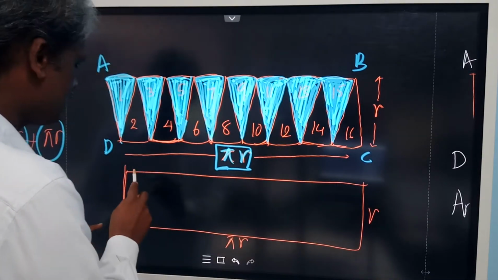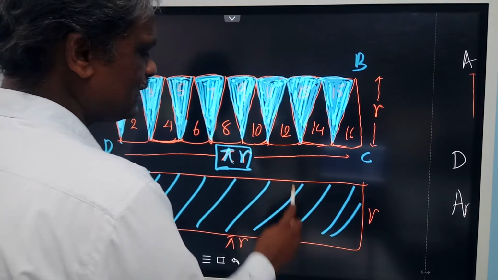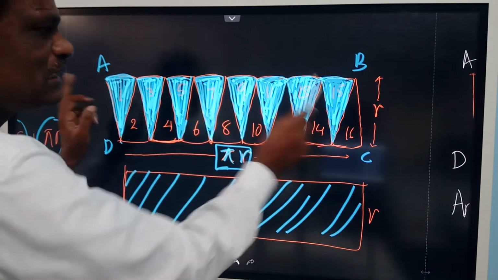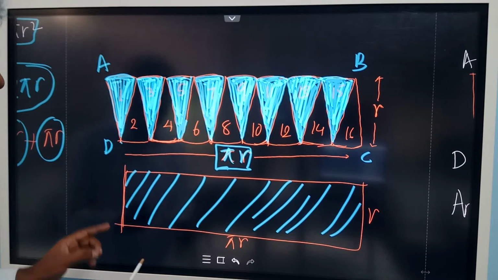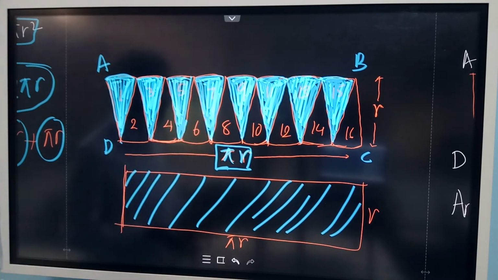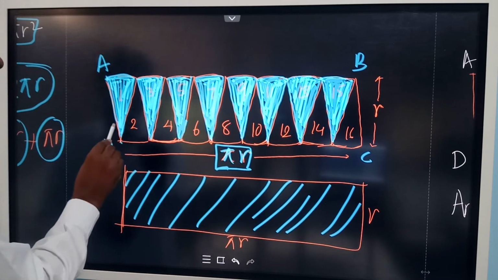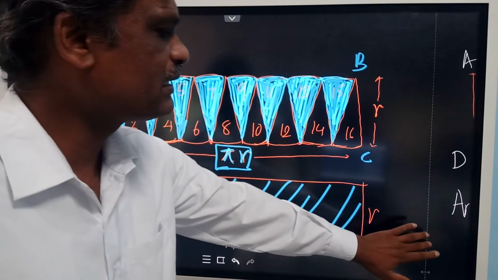With 16 parts only, it looks like a parallelogram with some curves. You divide this into an infinite number of parts, very adjacent sectors, and it will look almost like a rectangle.